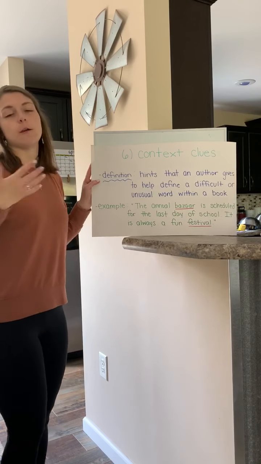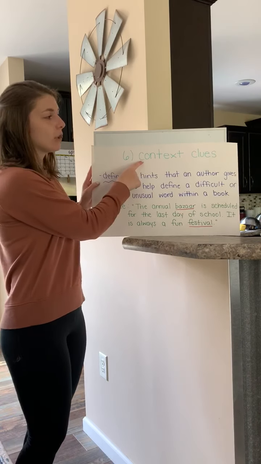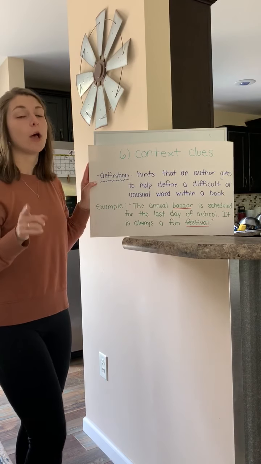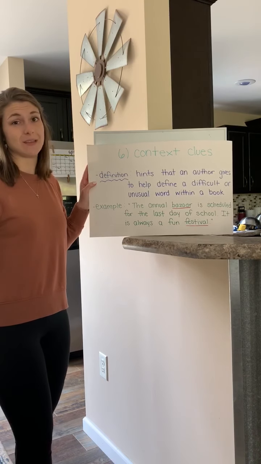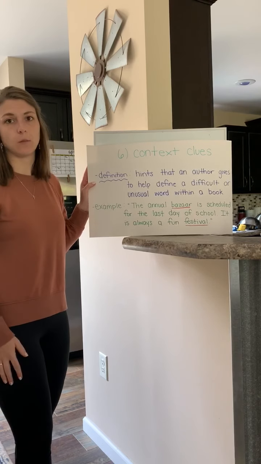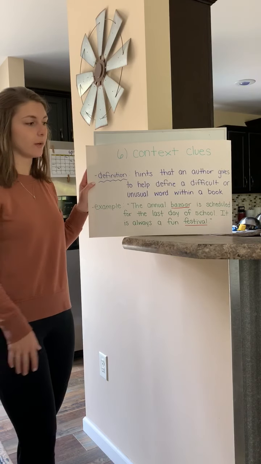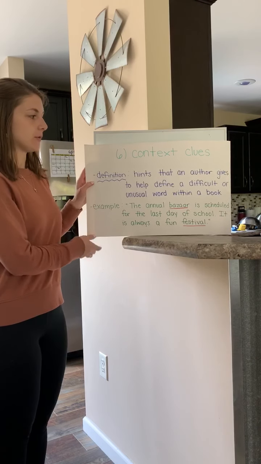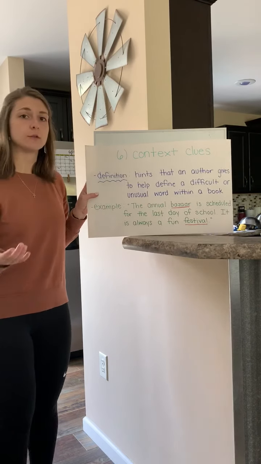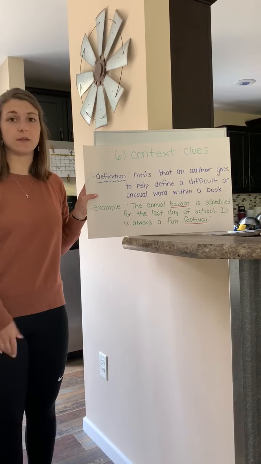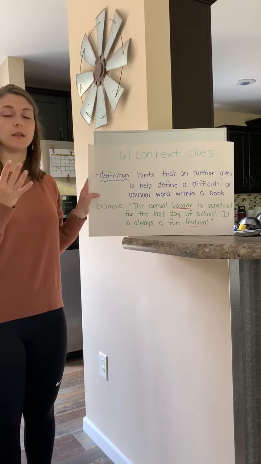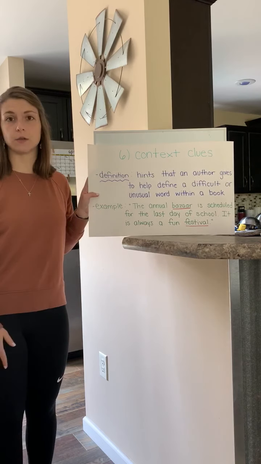They're harder, you've never heard of them, but looking at your context clues around that sentence and that word can help you figure it out in order to answer the question or just understand what you're reading, okay? You can pause here to finish up the notes if you need to, but other than that, those are your 6 terms. So we have synonyms, antonyms, affixes, prefixes, suffixes, and context clues.